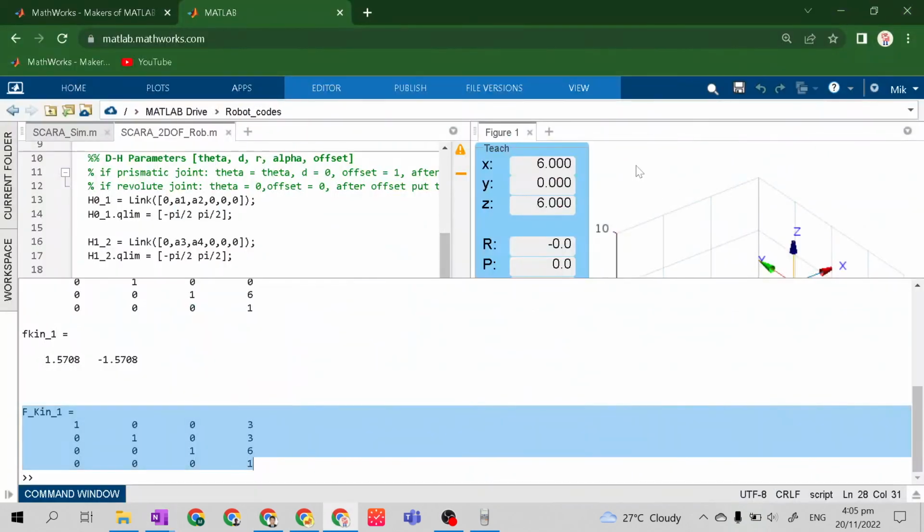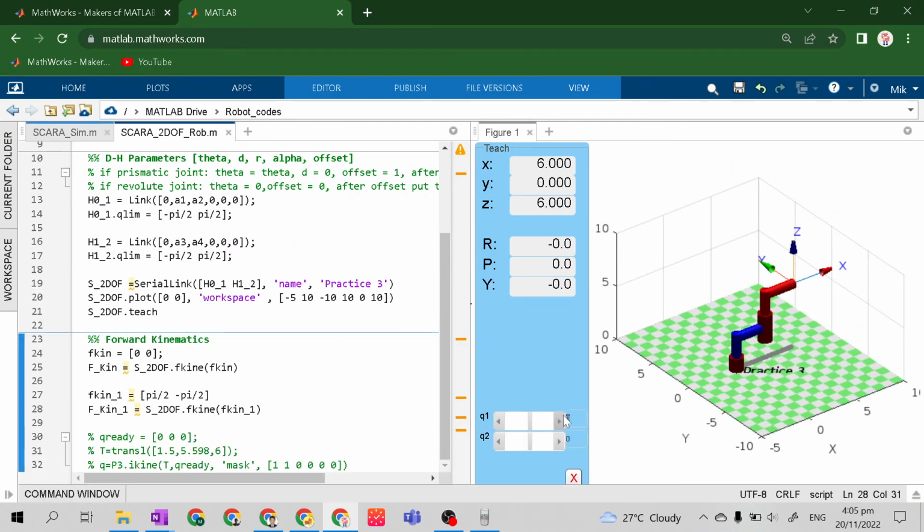So if we change this to 90 degrees and this one to negative 90 degrees, the coordinates for our end effector are also 3, 3, 6.